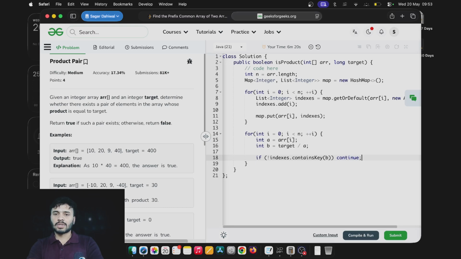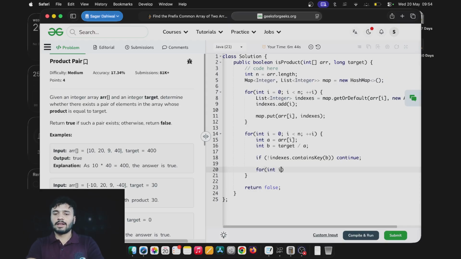Actually, we just need to return true or false. So at the last we can return false. If it contains B, that means we can check whether it's not the same index.